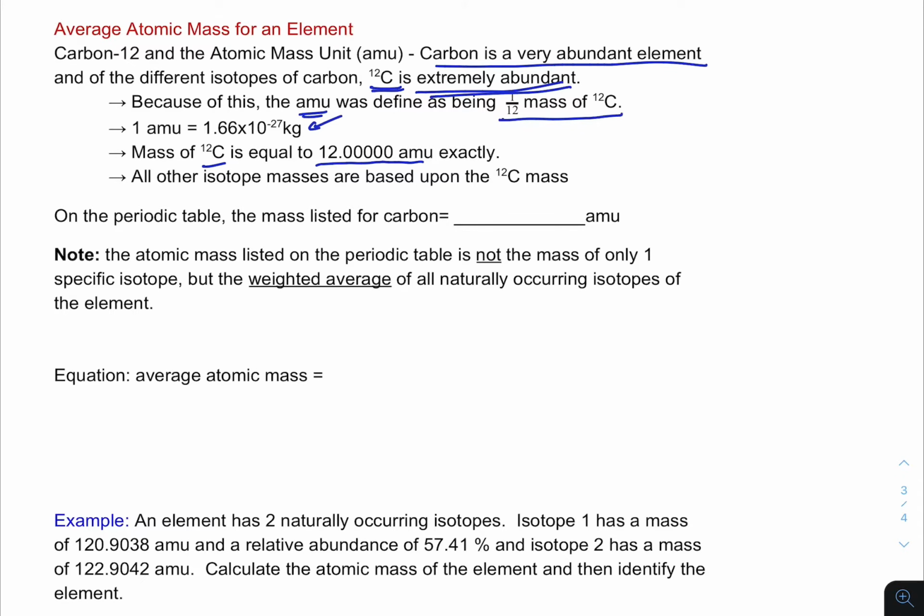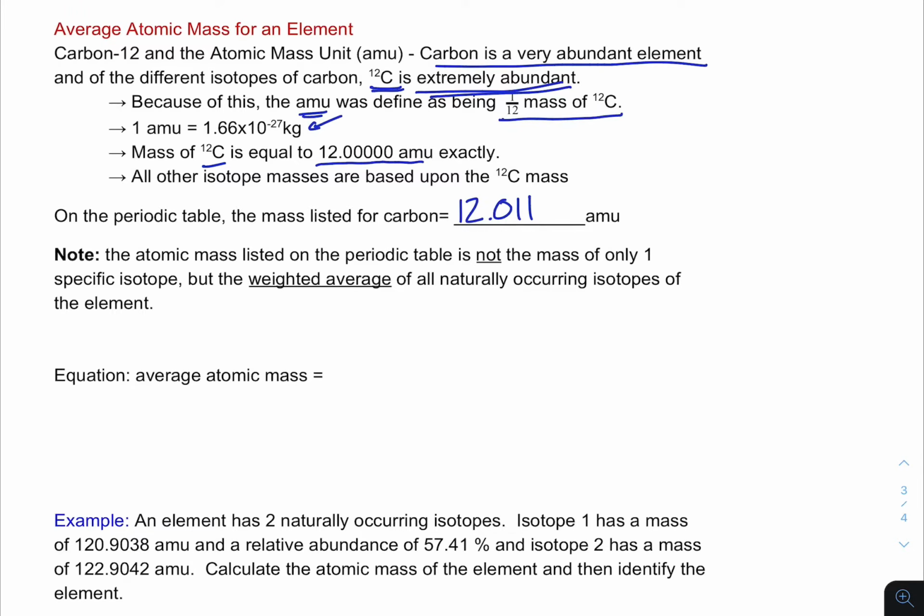But now, if we look at this, we realize not every atom of carbon is carbon-12. Because if we go to a periodic table, we see that the mass listed for carbon is actually 12.011 AMU. So that's the mass that we would see present on our carbon element here in the periodic table. We notice that this is not a whole number.